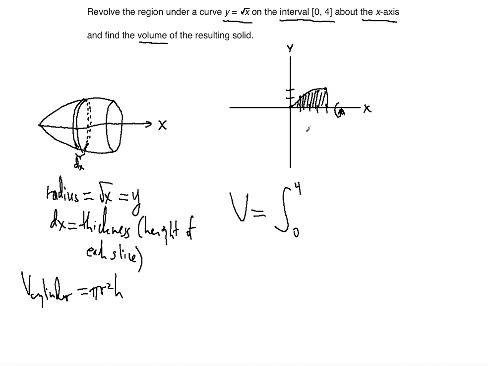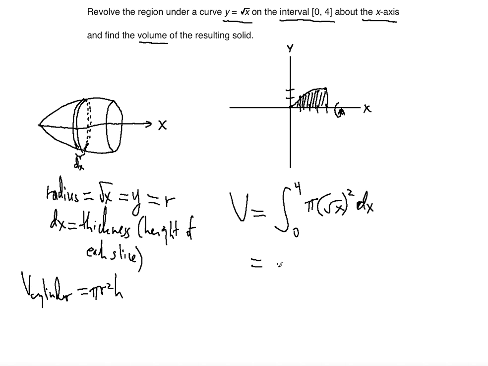That's why you're using the definite integral from 0 to 4, and you use the cylinder volume formula pi r squared h, where r is equal to square root of x. So square root of x must be squared in the formula, and the h, as we discussed, is dx, the thickness, the height of each individual cylindrical slice.